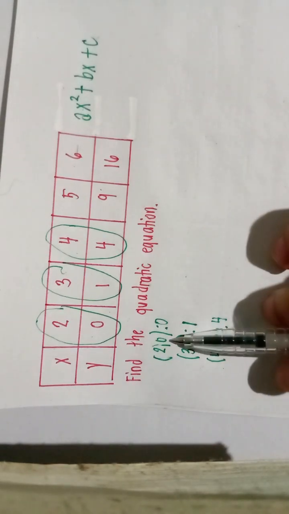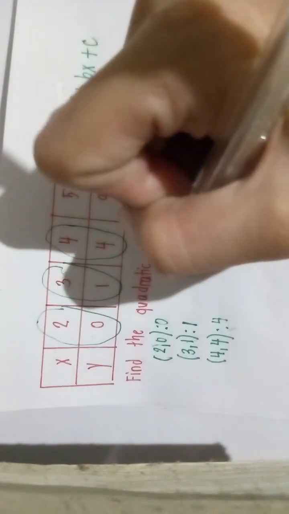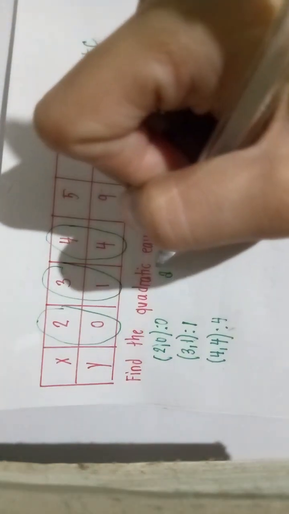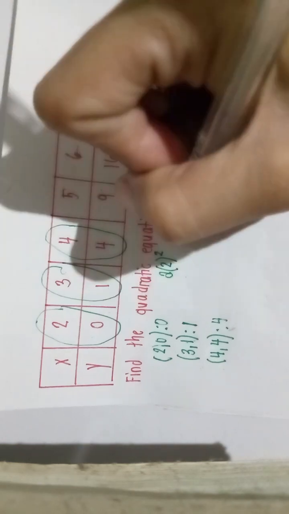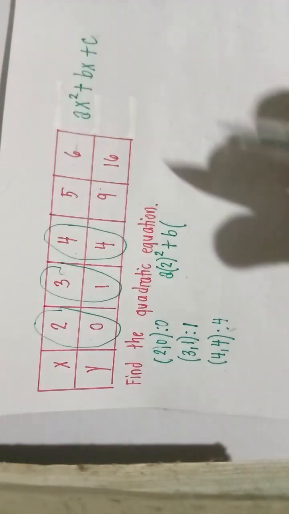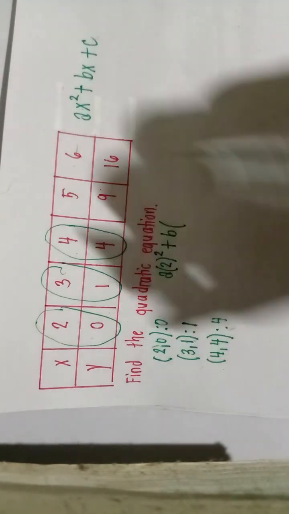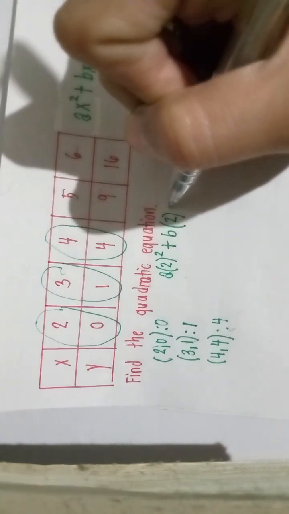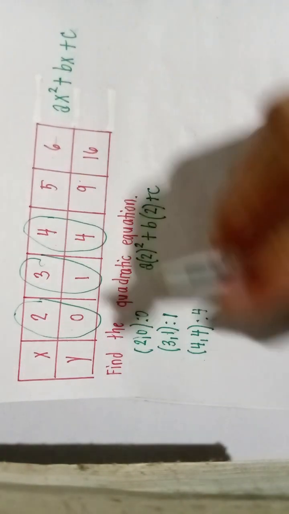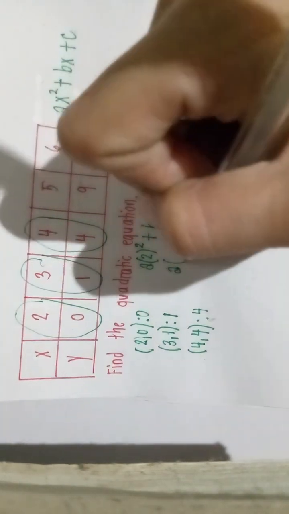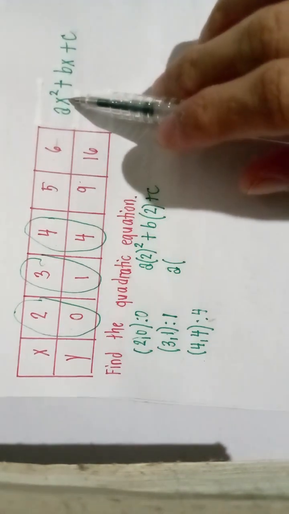So let us first take the first point, 2, 0. We substitute x as 2 raised to the power of 2, plus b times x, so we replace it with 2, positive 2, plus c. And then, same for the second point, a times x, we replace x.